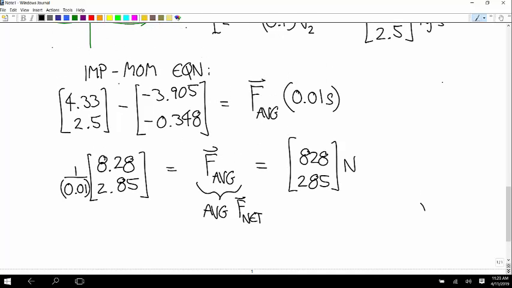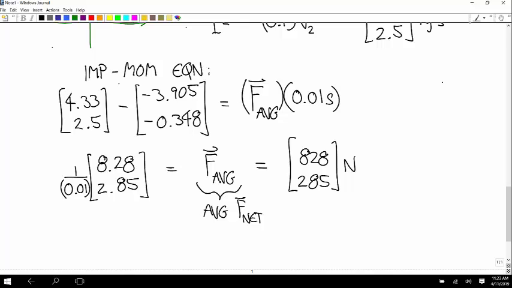So this is the impulse momentum equation, and we're trying to isolate this, so I'm just dividing both sides of the equation by 0.01. That gives you that. The left side is the change in linear momentum.